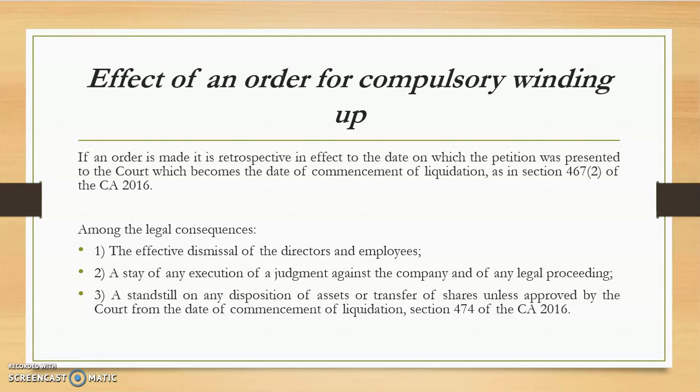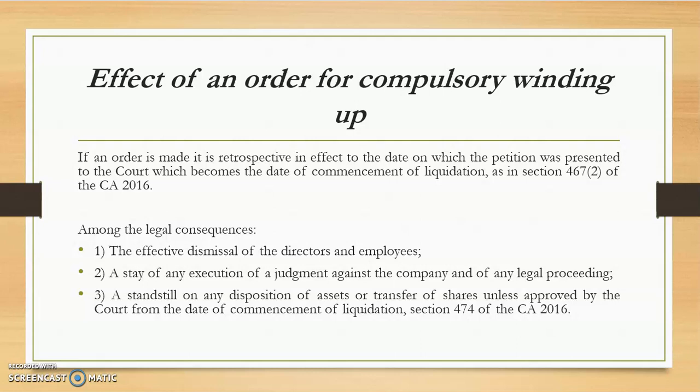So let's say they filed it on the 1st of January and the order was made in April, assuming. It has a retrospective effect, so the date of commencement of liquidation actually starts from the 1st of January.